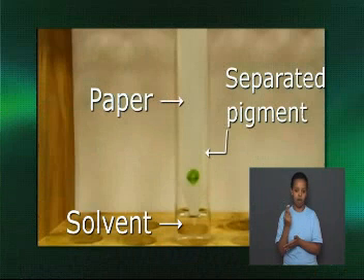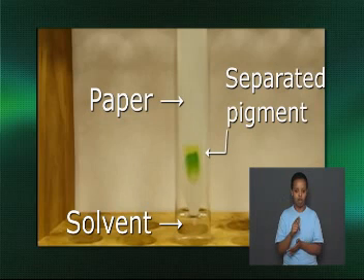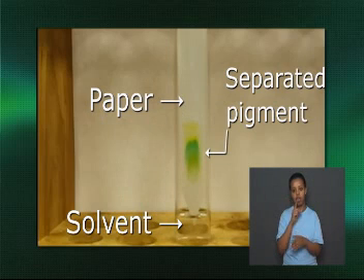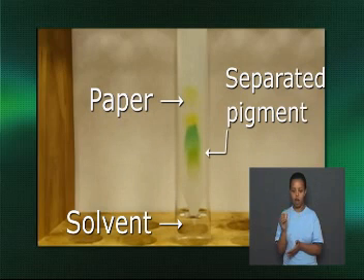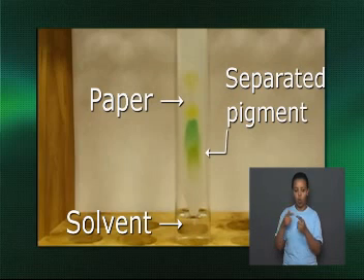Paper chromatography uses sheets of paper as the absorbent stationary phase. Acetone is commonly used for the mobile phase. A concentrated spot of leaf extract is applied to the paper. When the paper is dipped into the solvent, the pigments move up the paper at different rates because they have different solubility.